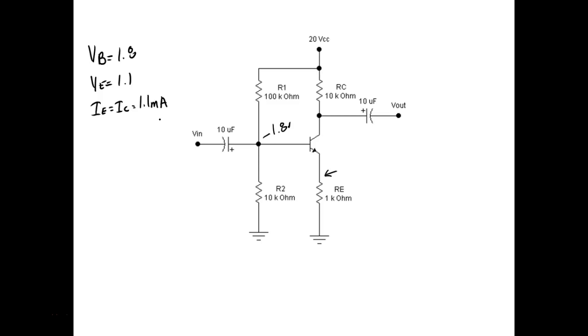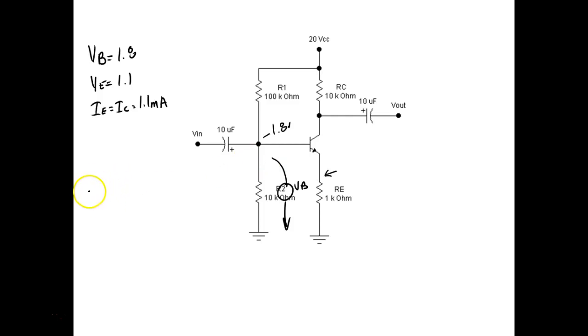The 1.8 came from calculating this voltage divider. Remember, VB is established across this resistor right here. So that's VB. The 1.1 came from ground.